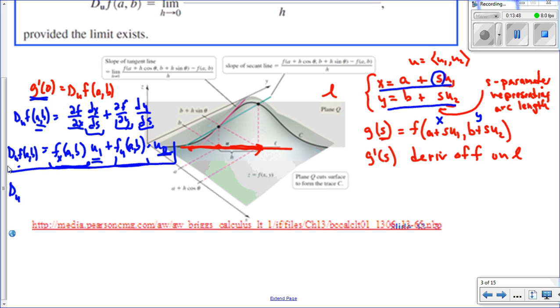So the directional derivative at AB is the dot product of two vectors: the partial of F with respect to X at AB and the partial of F with respect to Y at AB, so that's one vector, times the vector U1, U2, which is the vector U. So this is going to be the simplest way for us to calculate the directional derivative, by finding the partial derivatives at that point and then taking the dot product of that with the unit vector that gives us the direction in which we're trying to find the directional derivative.